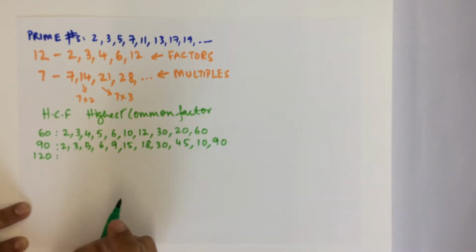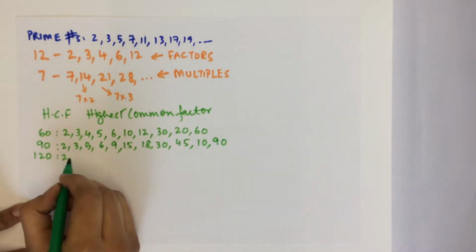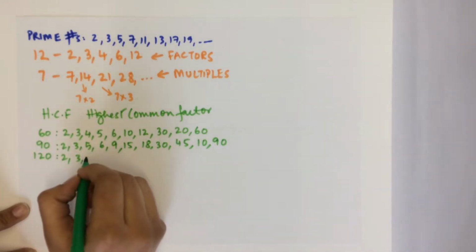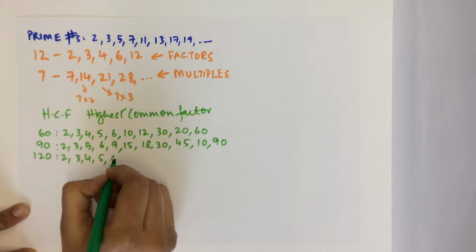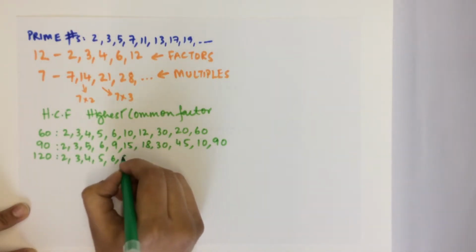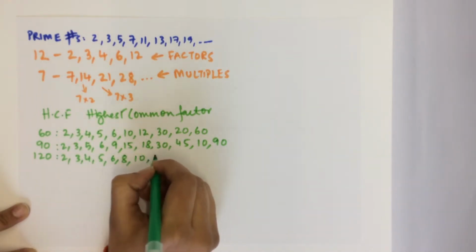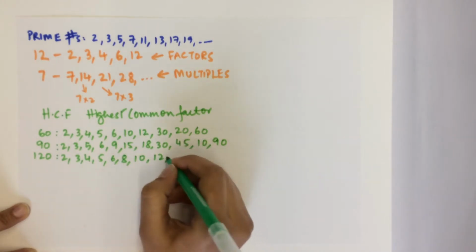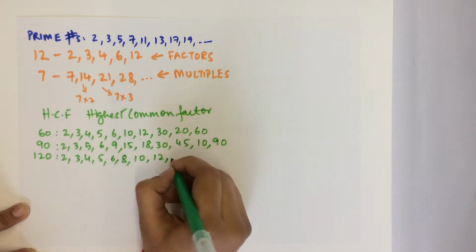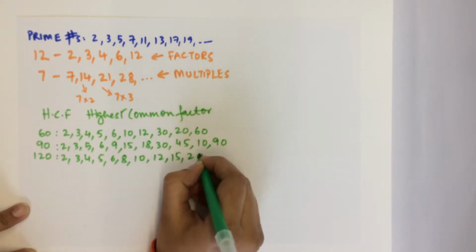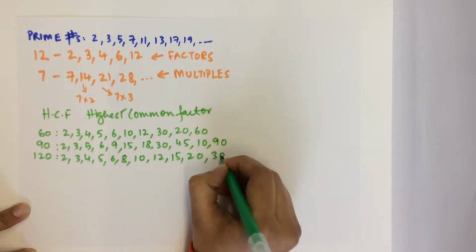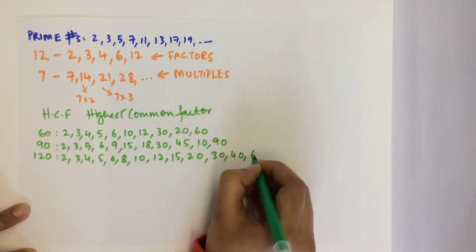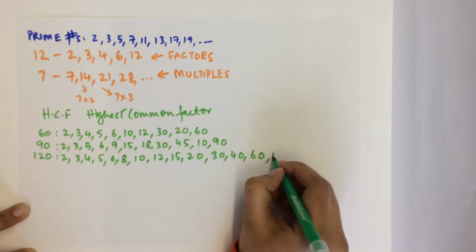Now 120 is divisible by 2, 3, 4, 5, 6, 8, 10, 12, 15, 20, 30, 40, 60, and obviously 120.